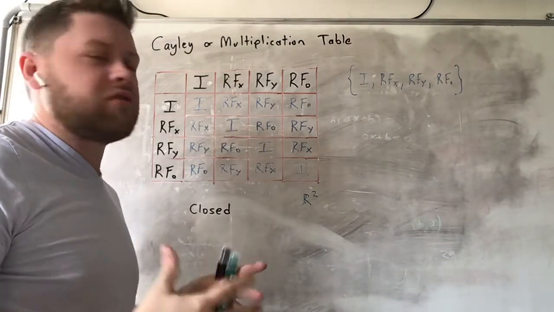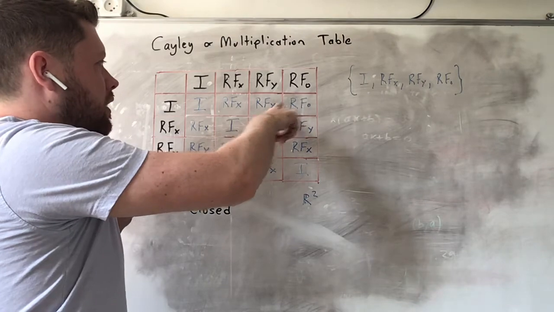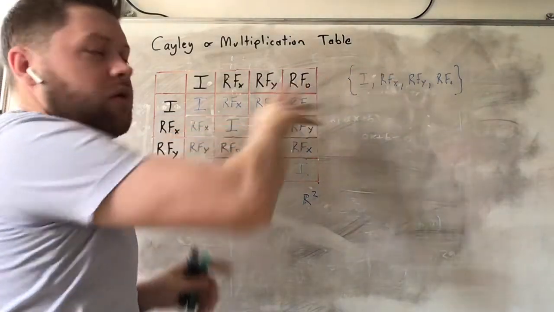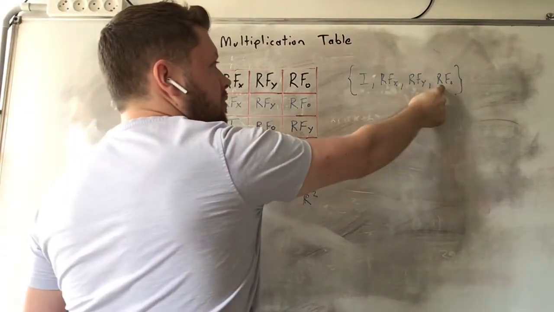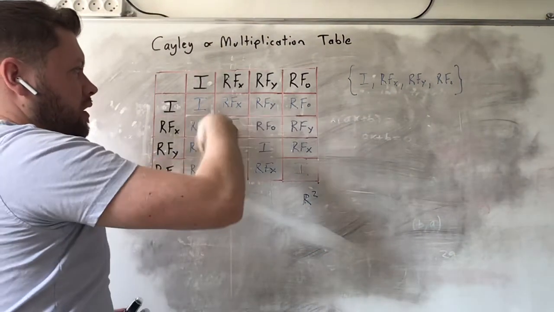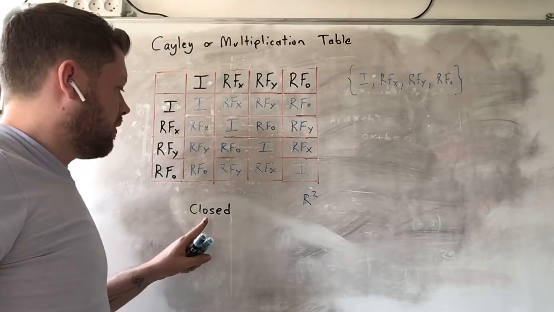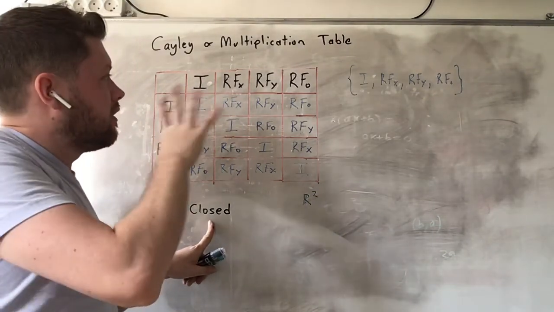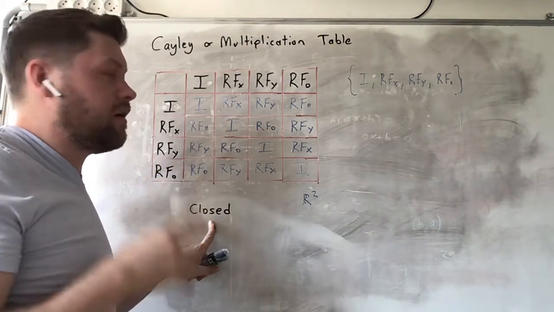I didn't need to describe combinations of these in any way other than what I already knew about. So these are the only four operations that appear in the entire table. Nothing appears from outside. So we say that this table is closed, or this set is closed.